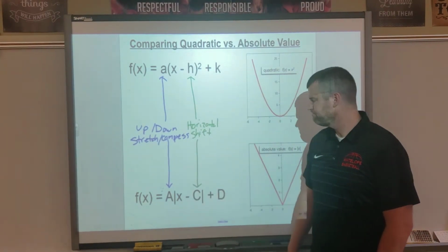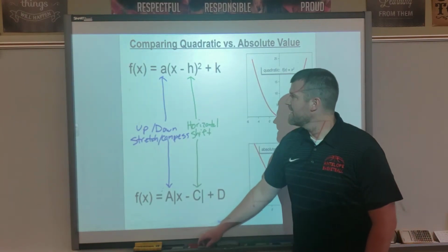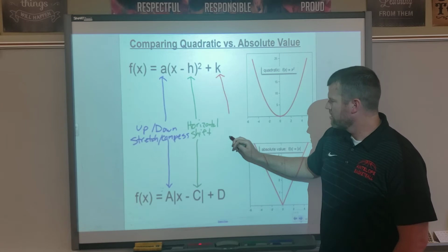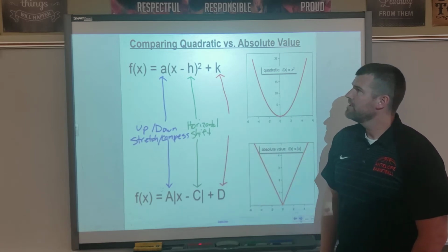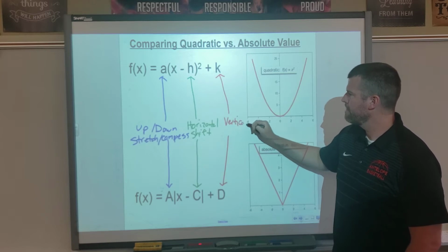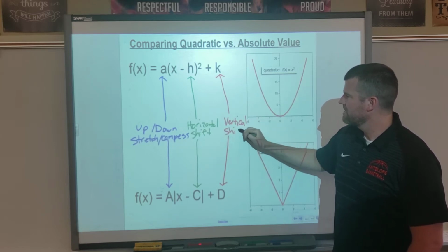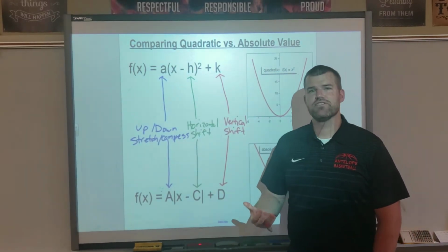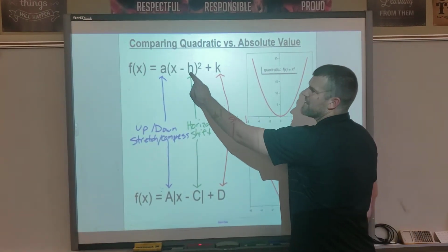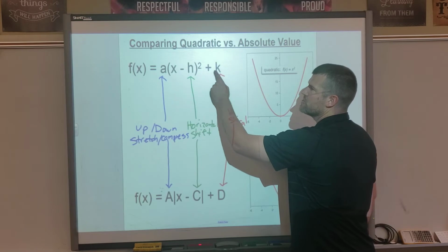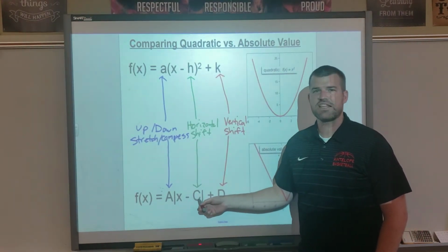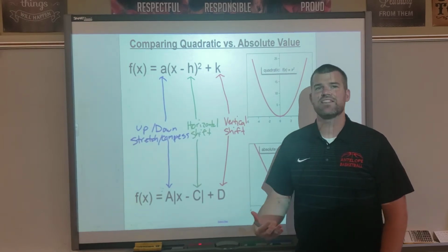And then the end of the equation, so the k in quadratic, or the plus d in absolute value, is our vertical shift. So it's going to tell us how much the graph is shifting up or down. And just like our vertex is opposite of H and then K, our vertex here is just going to be the opposite of C and D. So it's really the exact same thing.